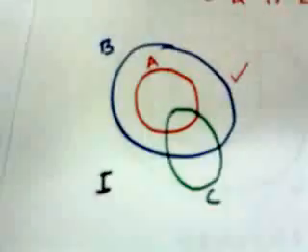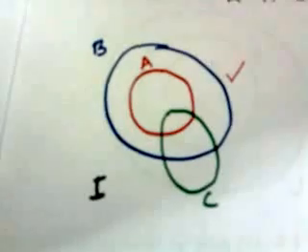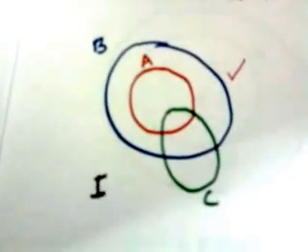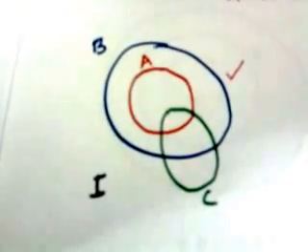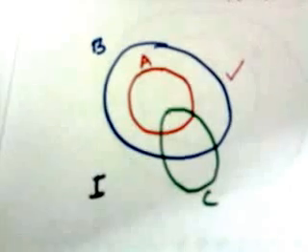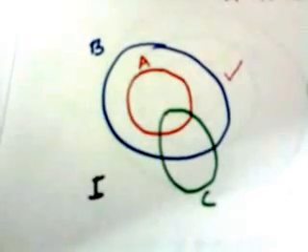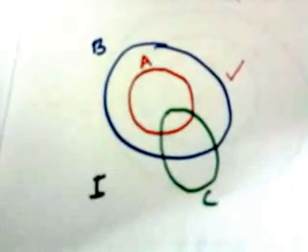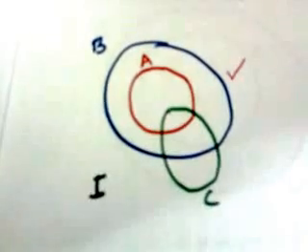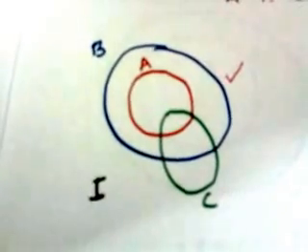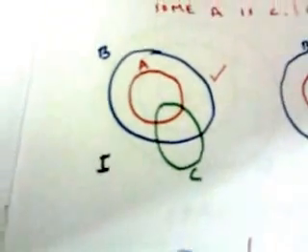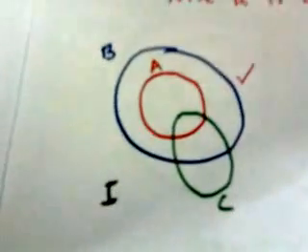Remember, figures will be drawn based on first two statements, and then from the figure we will check whether third statement is true or not. I repeat, the figure has to be drawn based on the first two statements in all possible ways, and then we will check whether in each of the figures we draw, the third statement is valid or not.